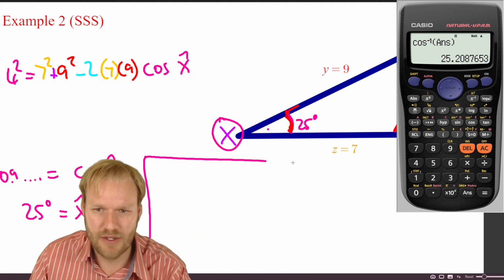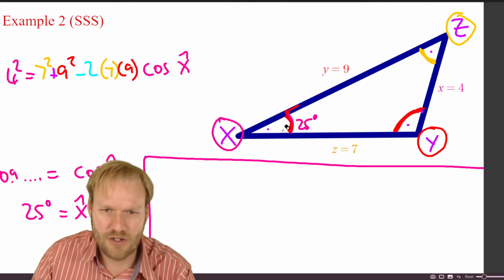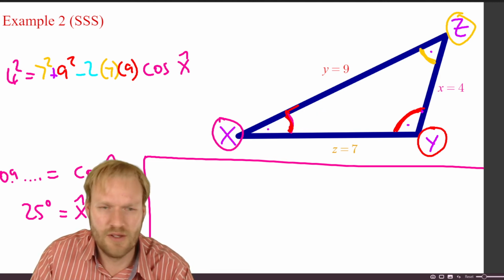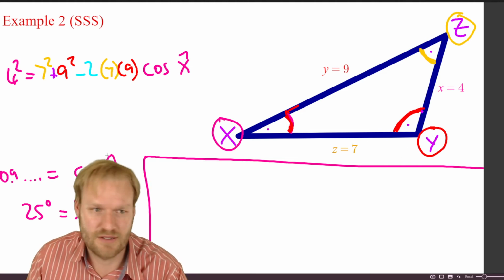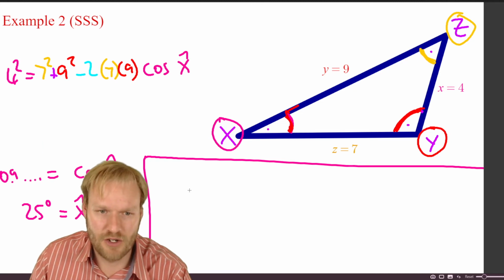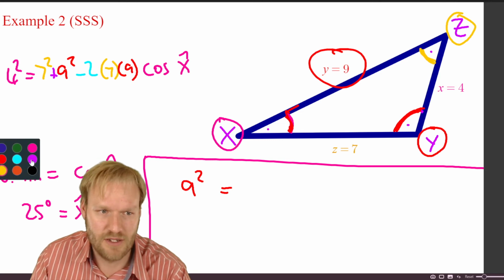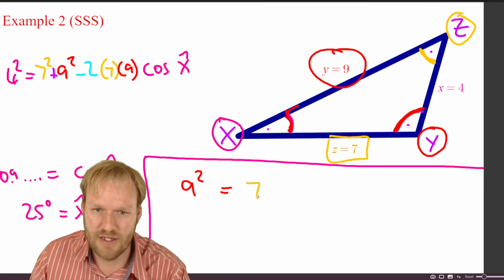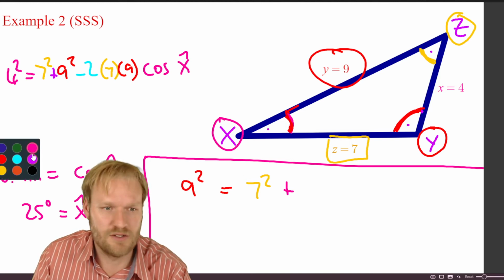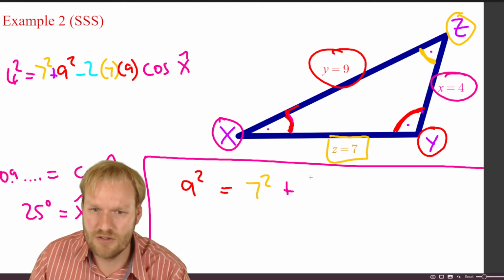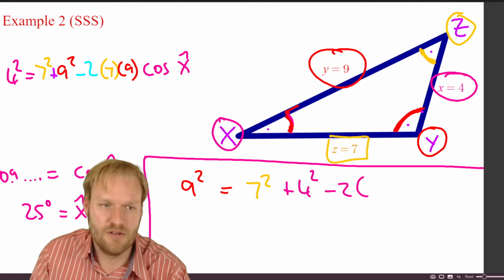I'm going to move here. I can cover that up and get rid of the calculator and say, well, if we didn't know this 25 yet and we started with y, so what we want to try and find is the size of y, then we're going to go 9 squared equals this side squared plus the other adjacent side, this side squared, minus 2 times those two things.